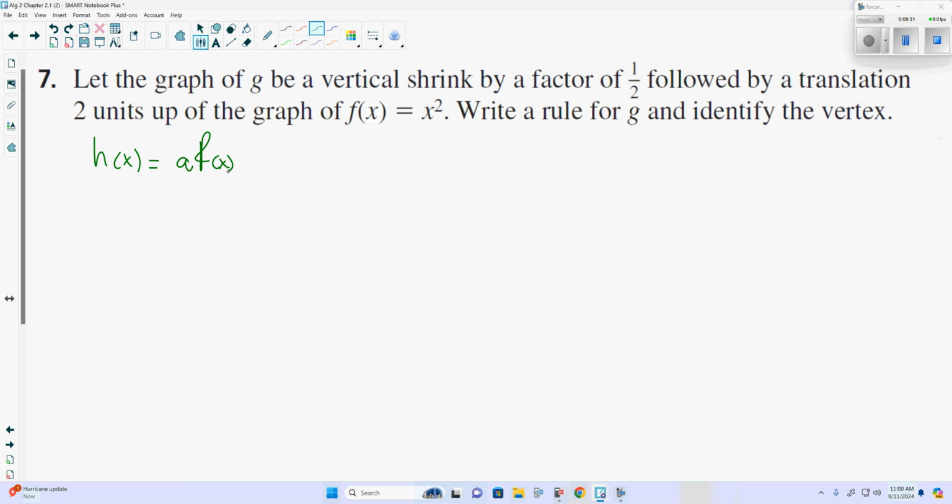Well, the form for our vertical stretch or shrink is a f of x, where a is the amount that we're stretching or shrinking the function by. Well, our a value in this case is 1/2. What's our f of x?